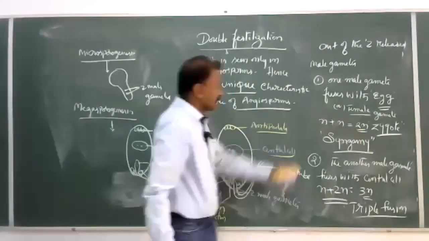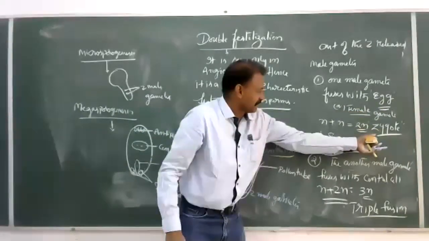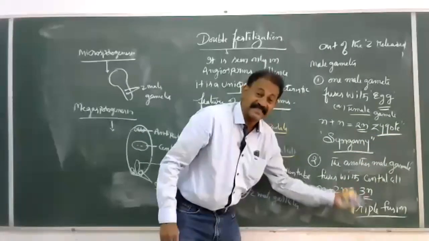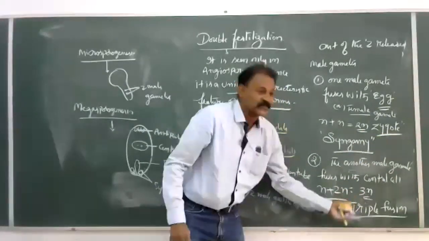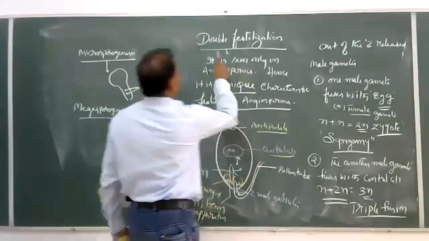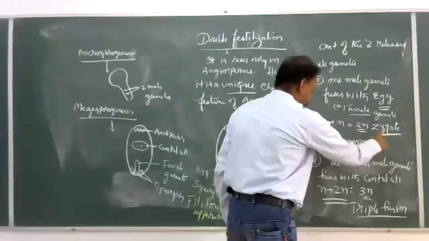So my dear students, if syngamy is the first fertilization, n plus n, 2n, zygote formation, then triple fusion is considered the second fertilization. So both first and second are called double fertilization. Syngamy results in zygote formation.